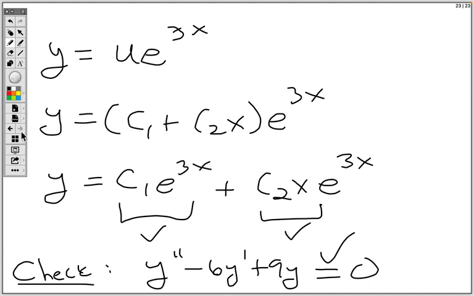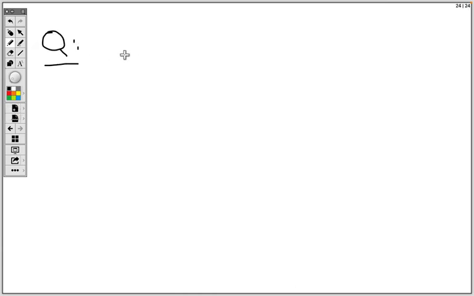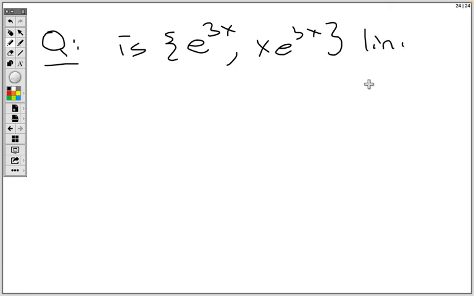The question is, is it linearly independent? Is this different enough? And how do we check for linear independence? If you've got two functions, is the set e to the 3x, x e to the 3x linearly independent?